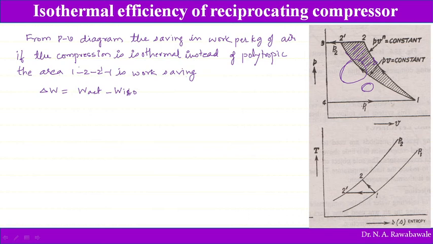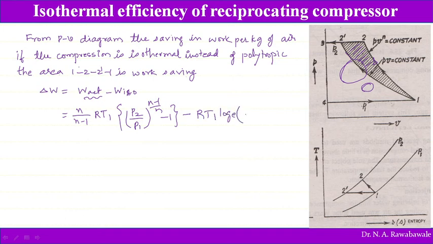Now we can write this equation. Actual work done is N divided by N minus 1 RT1 in bracket, P2 divided by P1 to the power of N minus 1 divided by N, minus 1, minus isothermal work, which is RT1 log to the base e P2 divided by P1.